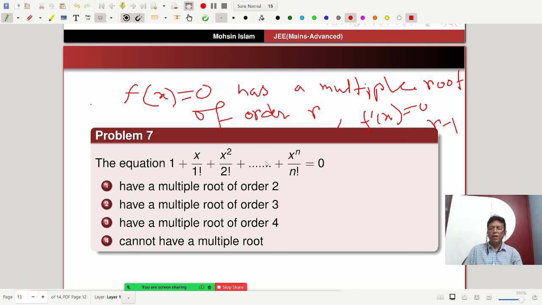That is the concept. If f(x) equal to 0 has a multiple root of order r, its derived polynomial must have a multiple root of order less by 1.